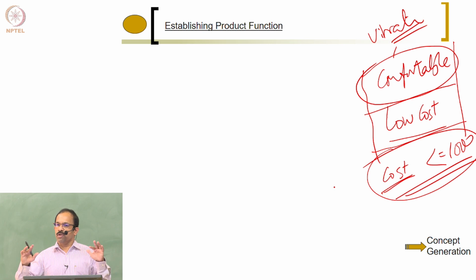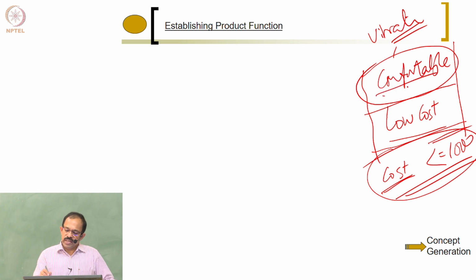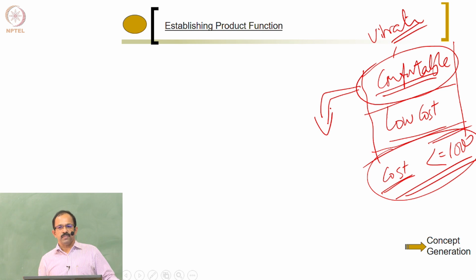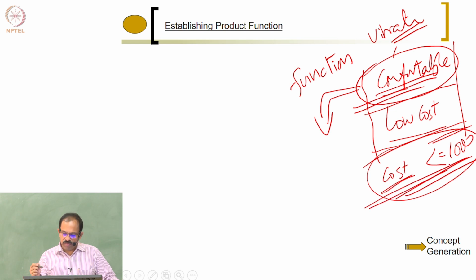You cannot go more than this value. But for comfort, we can say how to provide comfort in the product. We can provide something called a function in a product in order to satisfy the customer requirements. But for cost, we cannot say there is a function in a product which will reduce the cost. So this is known as the constraint in the design.